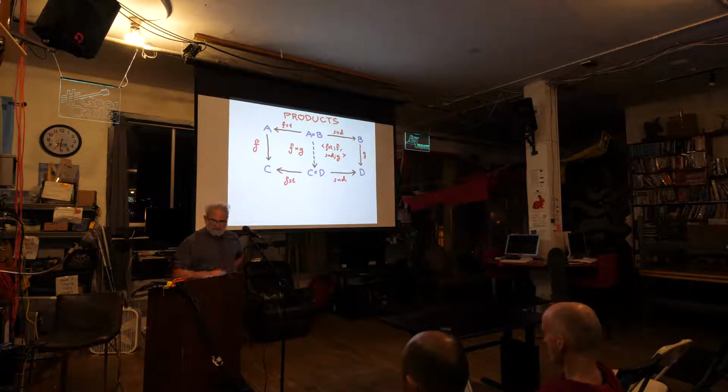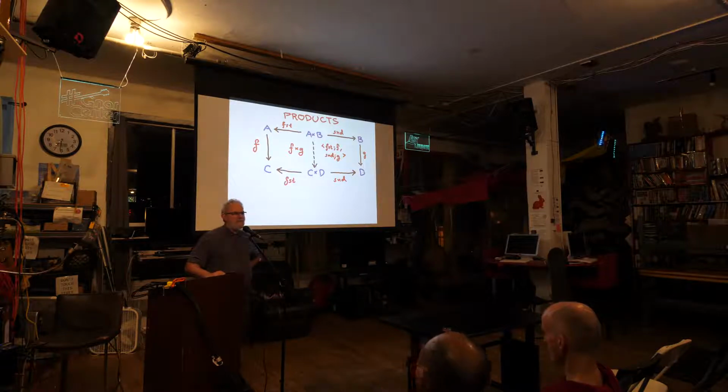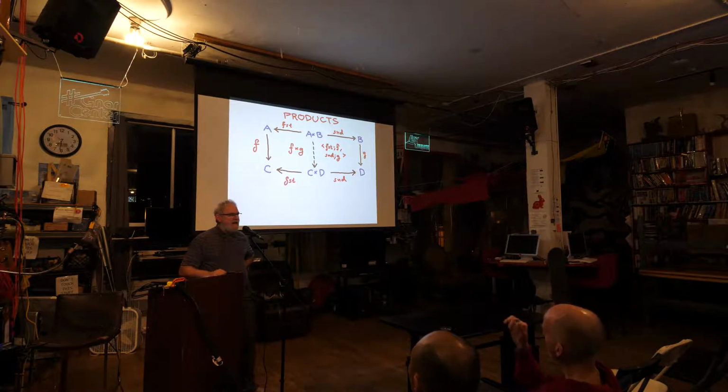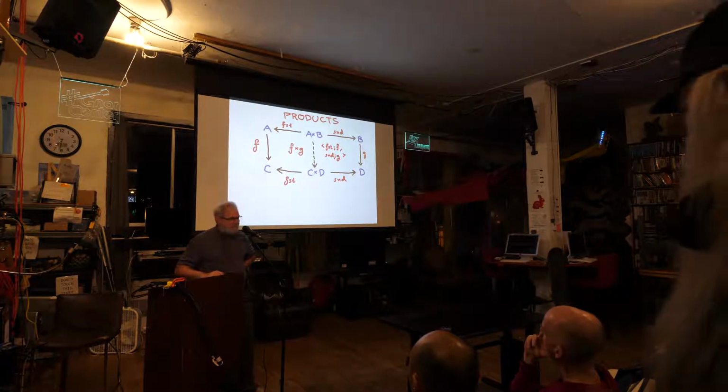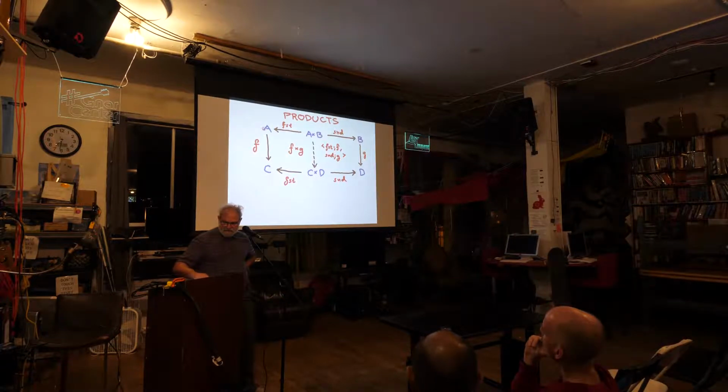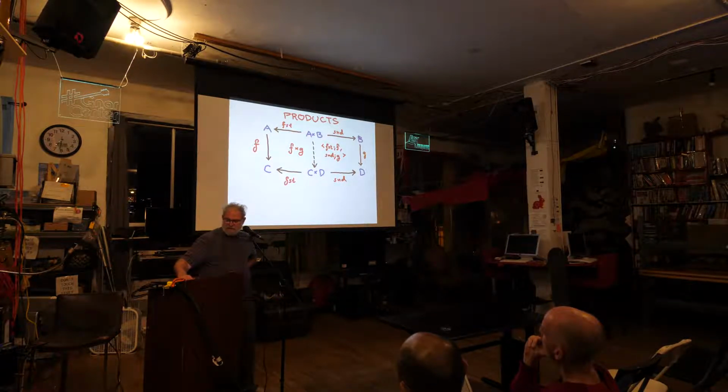And later on we're going to need to do one other thing with products, which is very straightforward. So instead of bracket FG, here we've got F times G. This is a slightly different setup. Here F is a function from A to C, as before, but G is an arrow from B to D. And then we're creating an arrow going from A times B to C times D. So going from a product to a product.